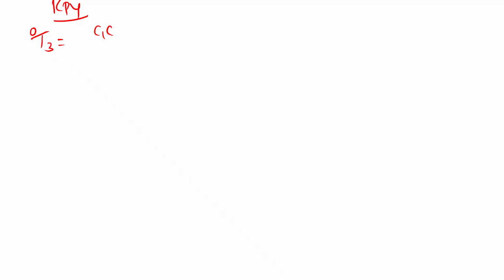It is given like this: C1, C2, C3. You should have calculated this using the DH matrix. So C1, C2, S3 minus S1, C3, C1, C2, and then for the RPY manipulator there is no translation. It is 0 only because it's a wrist.